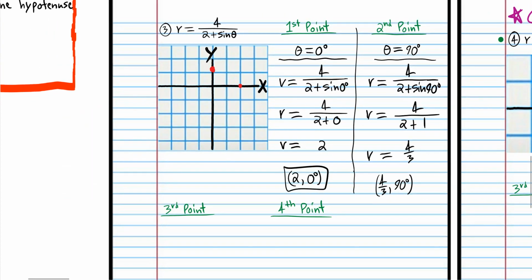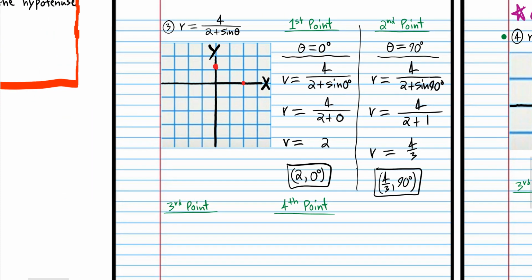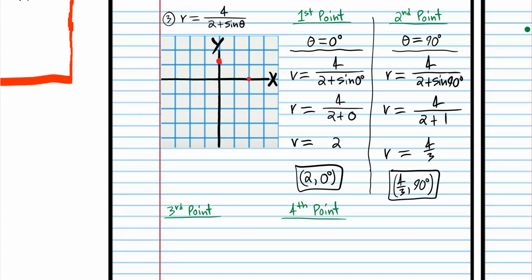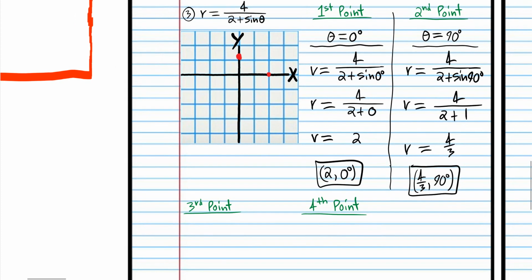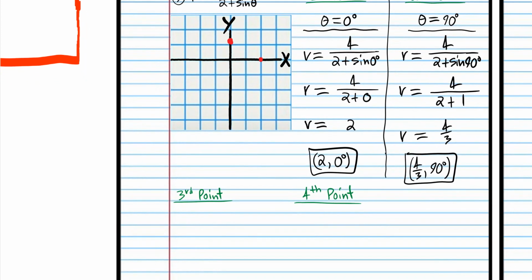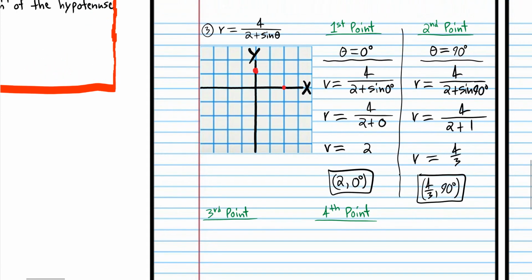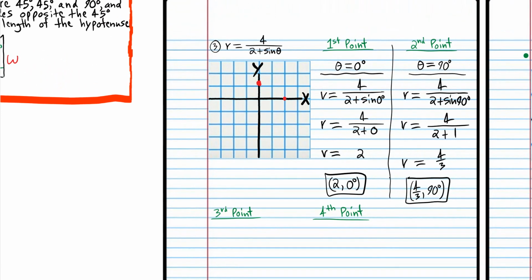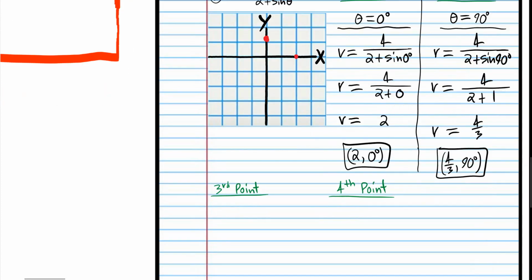So now we have 2 points. All we have to do is find 2 more points, and then we can graph this. And I haven't entered the equation into my calculator yet, so we'll do that later. Let's try, maybe we can try -90.